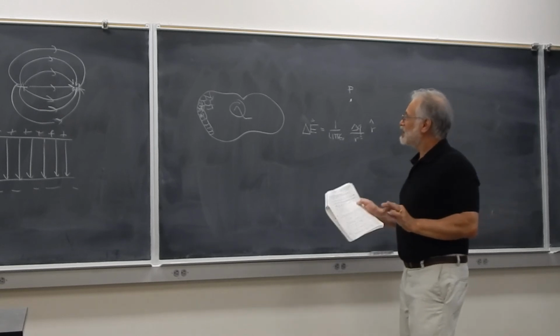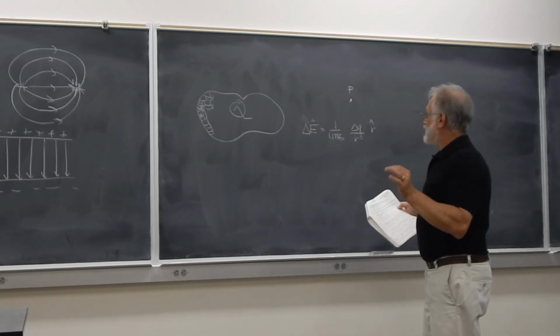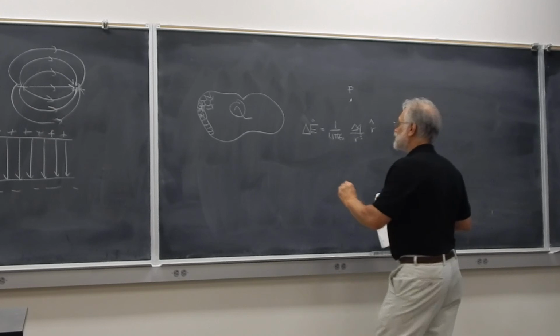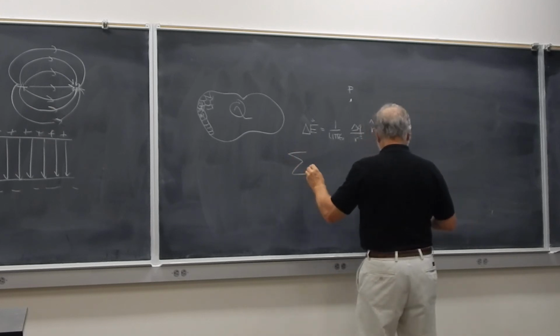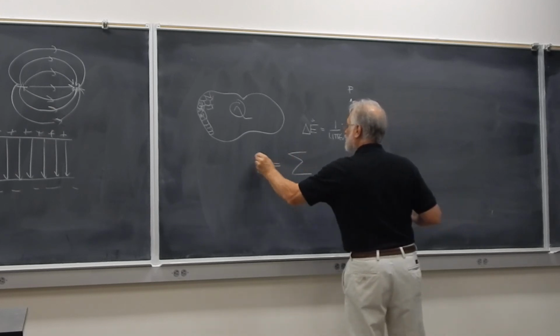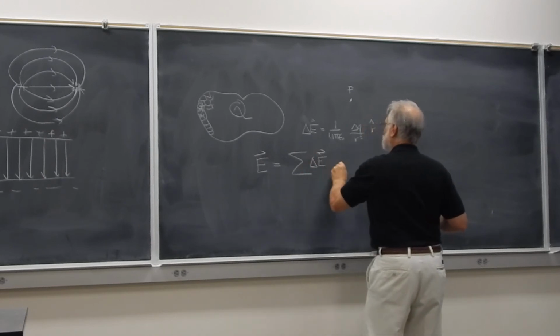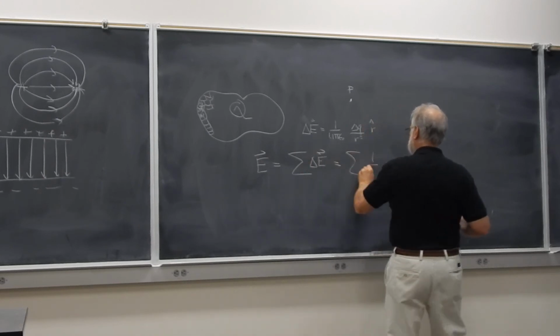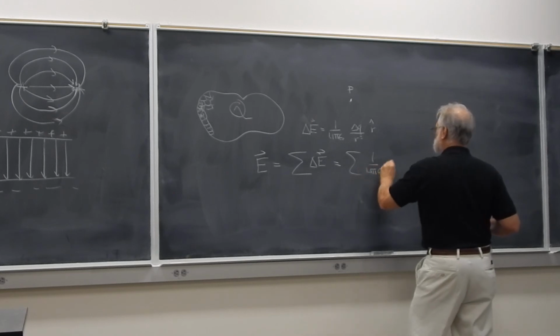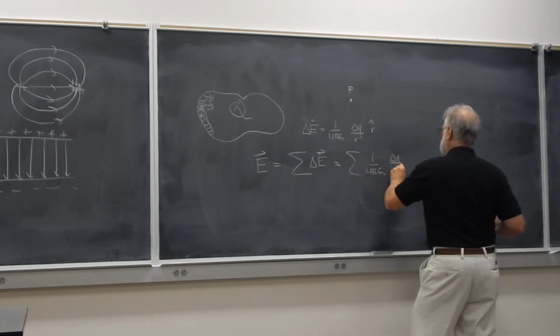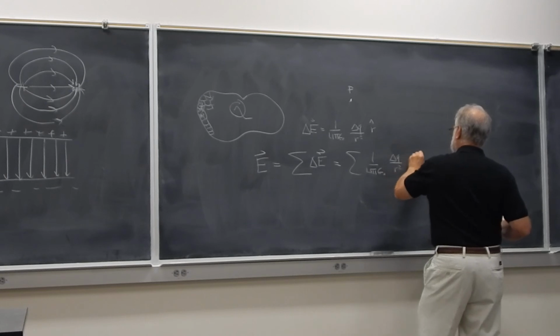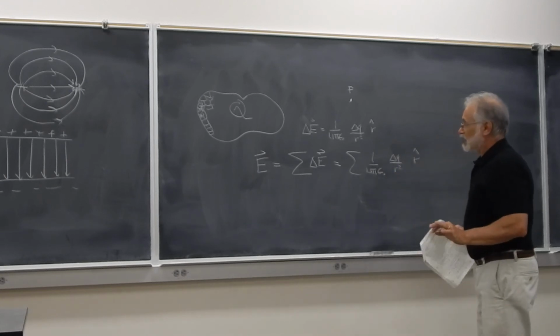That would be for one little charge element. And by superposition, I should be able to add up all of those and get the total electric field.